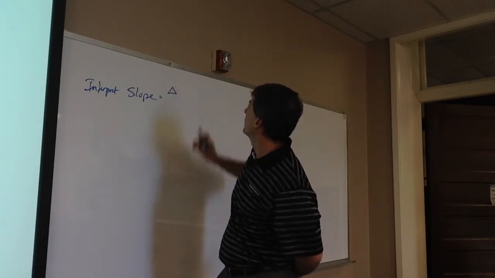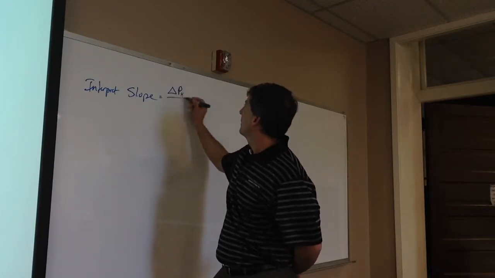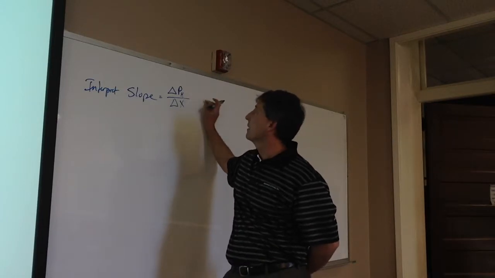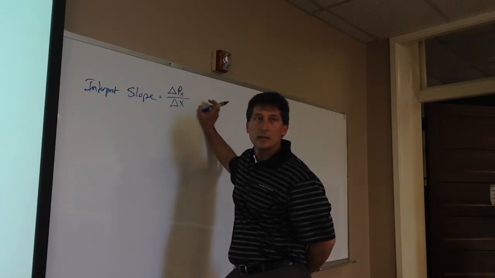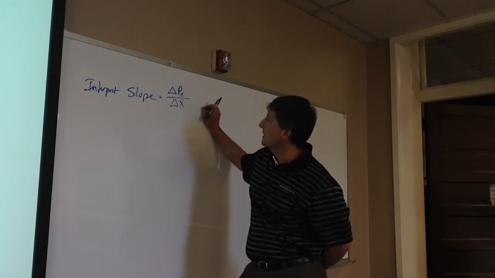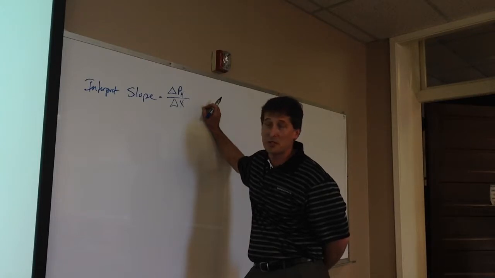Okay, so change in price, if we just take the change in price over the change in distance. Okay. So what is the change in price reflecting then as we change the opportunity cost?